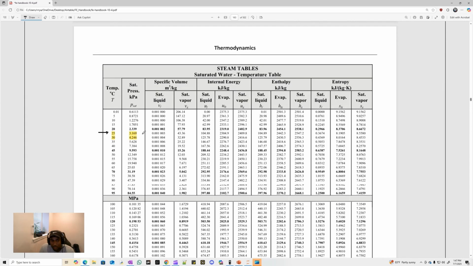And if I'm looking for the saturation pressure associated with 27.5, I could just take the average of these two values to be able to find that saturation pressure. So let's go ahead and perform that average so that we can find the saturation pressure associated with 27.5 degrees.